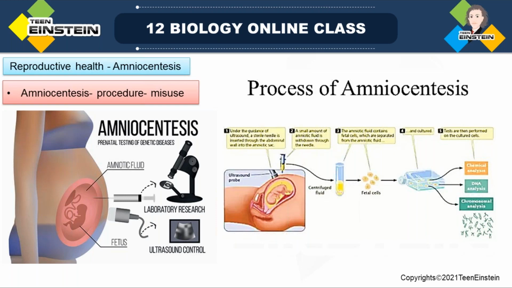So this test is legally not permitted to everyone. Only to find out chromosomal abnormalities or genetic issues of the growing fetus, and only with the help of good medical practitioners, it is permitted. But it is illegally done for sex determination. Okay.